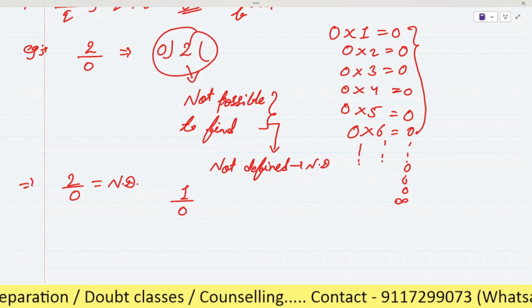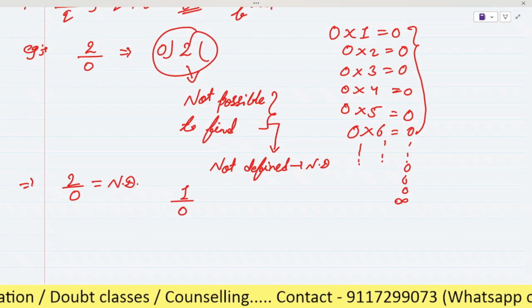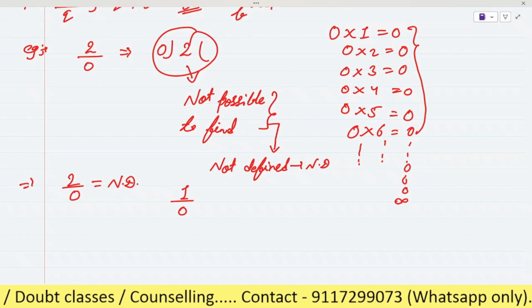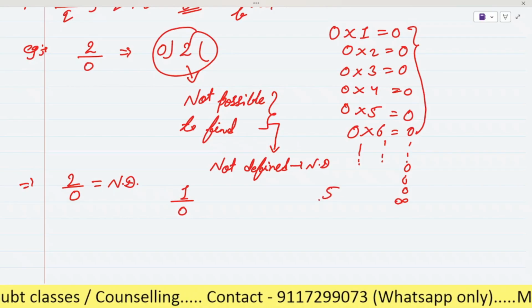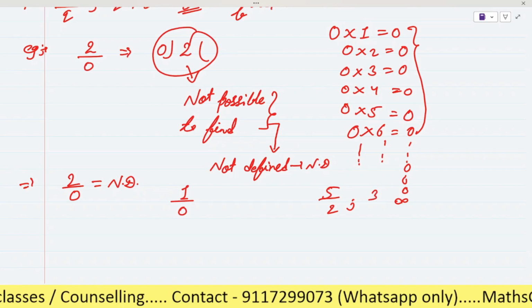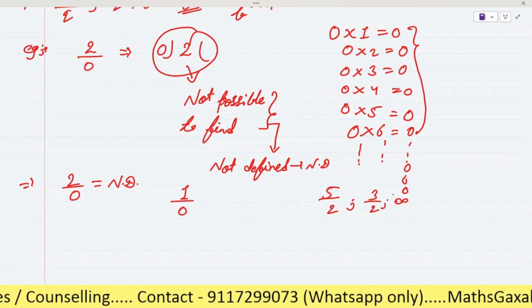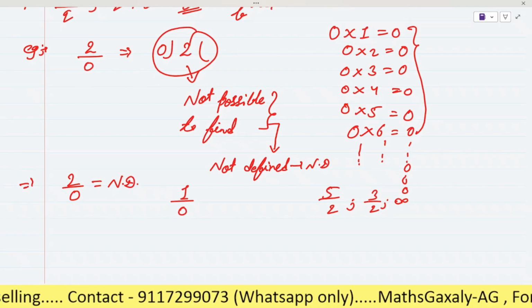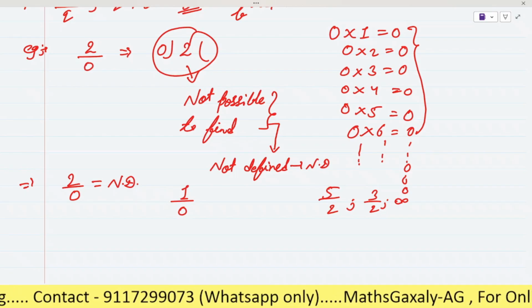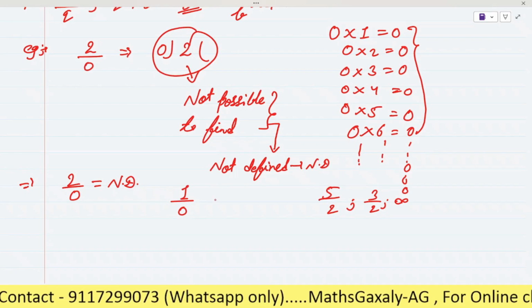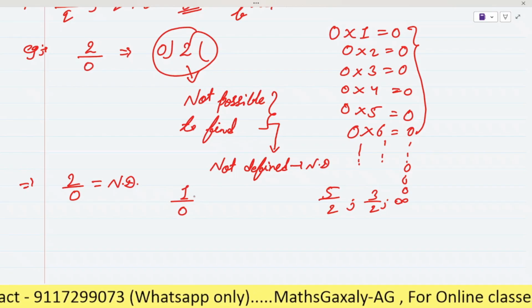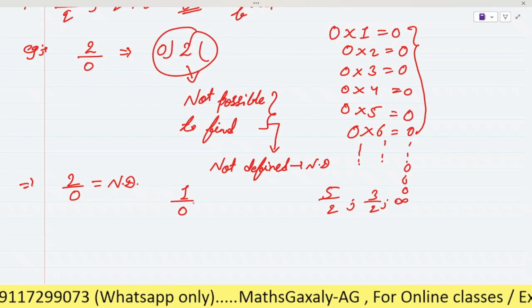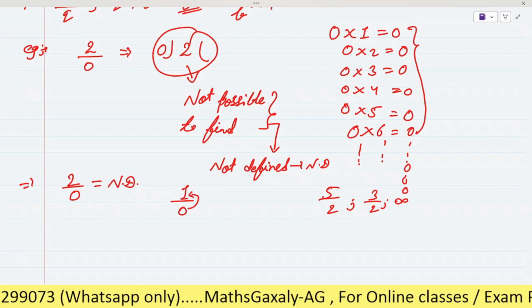So, as you said, the fraction whose denominator is less than the numerator, such as 5 by 2 or 3 by 2, these are improper fractions, right? But here, as you can see, the denominator is less than the numerator.